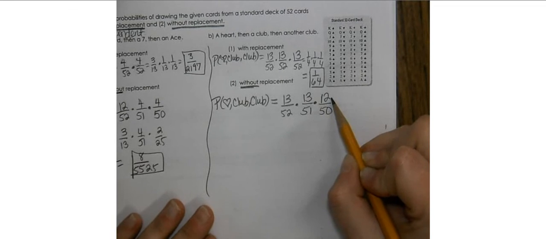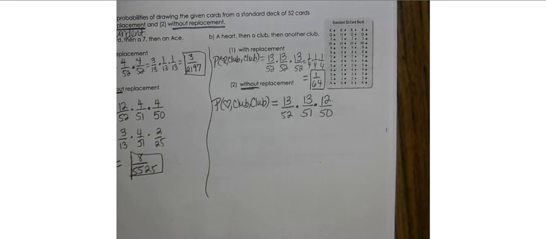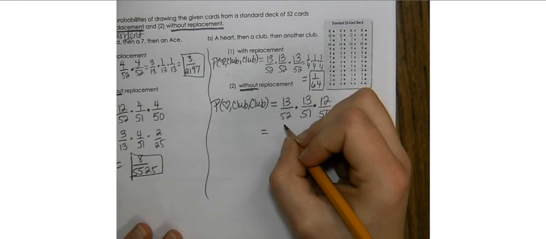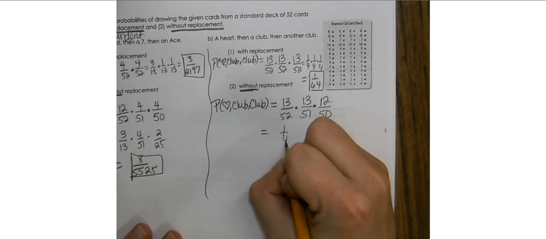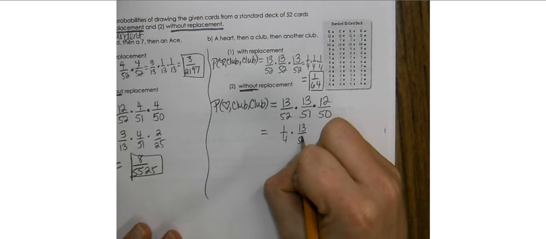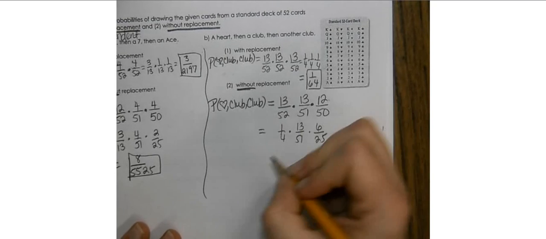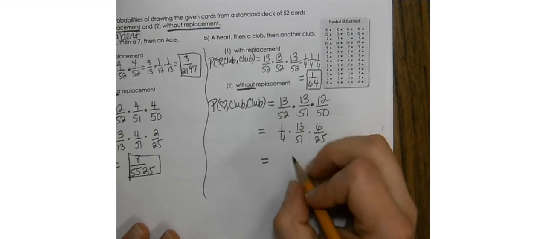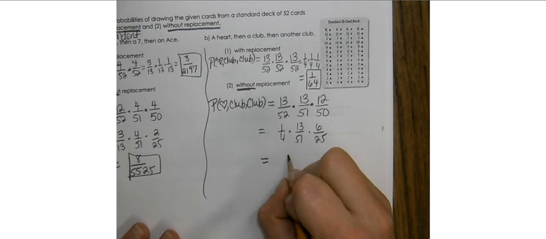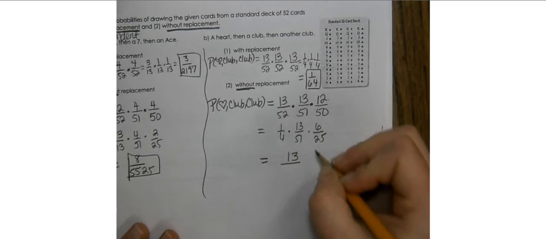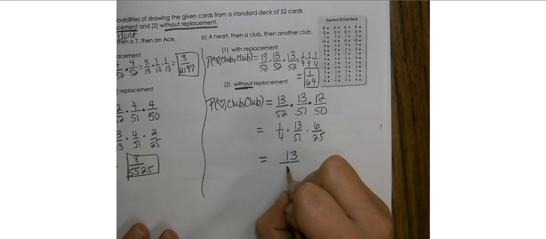So I have to subtract 1 from my numerator because I have already kept one of the clubs and I only have 12 left. So I'm going to simplify each fraction. So I have 1/4 times 13 out of 51 times 6 out of 25. And when you multiply straight across and simplify, you're going to end up with 13 out of 850. And that is your answer.